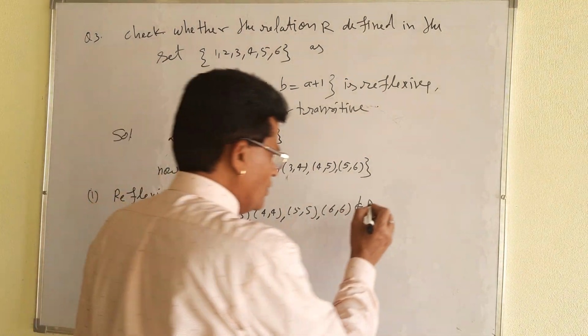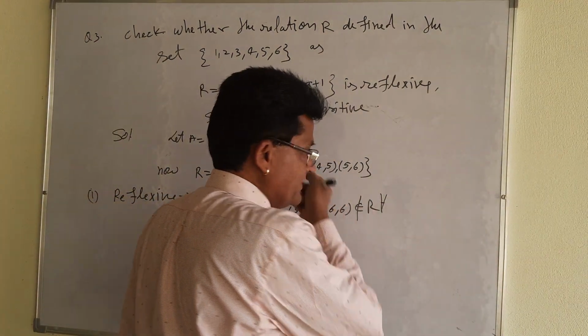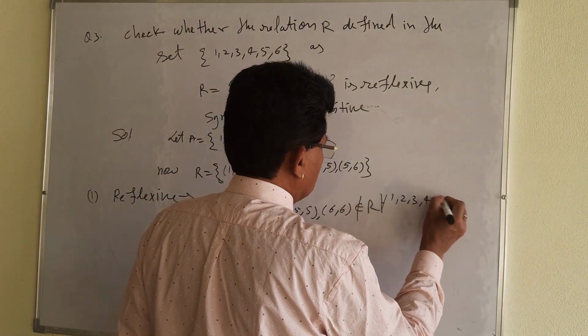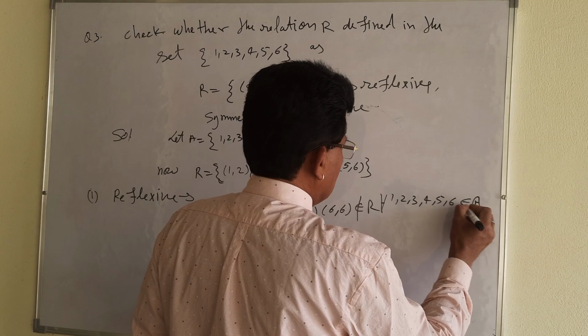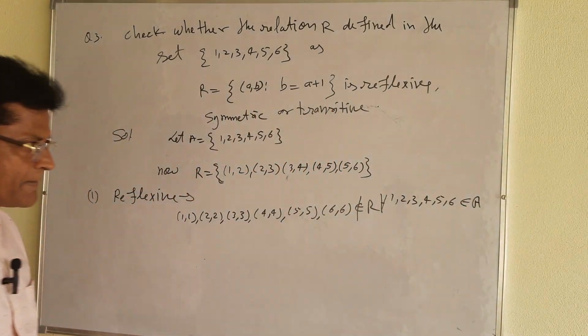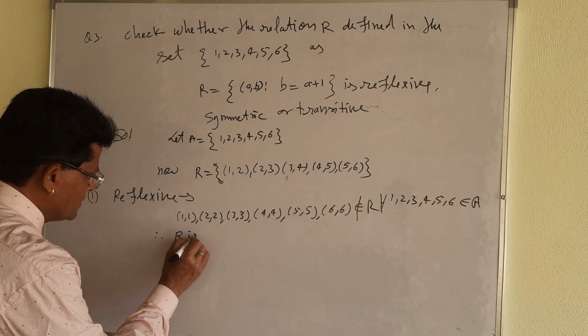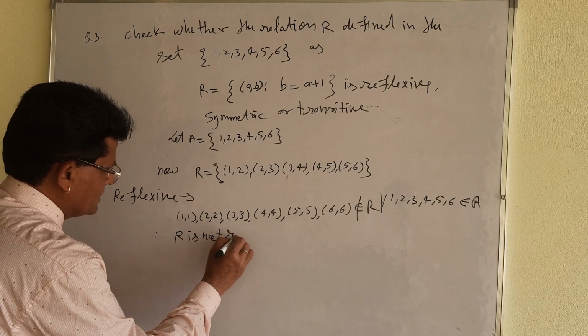For all, you must write each and everything, otherwise there will be an incomplete solution. 1, 2, 3, 4, 5, 6 belong to A, set A. Therefore, R is not reflexive.